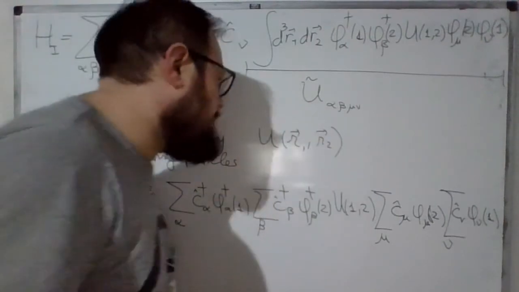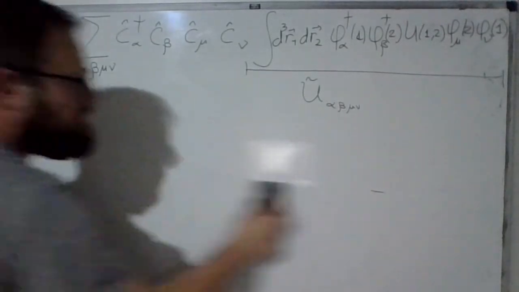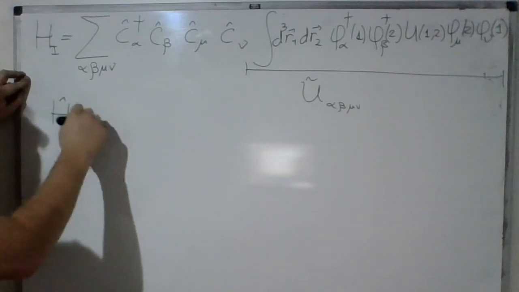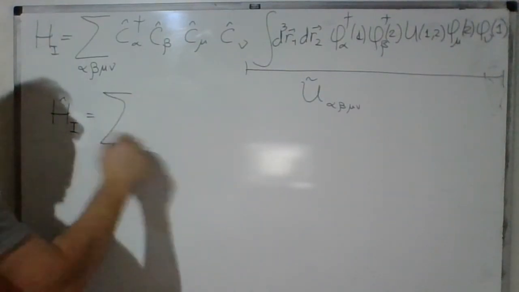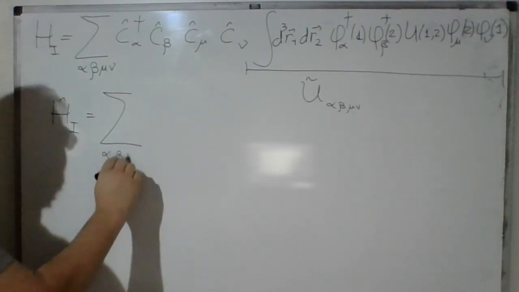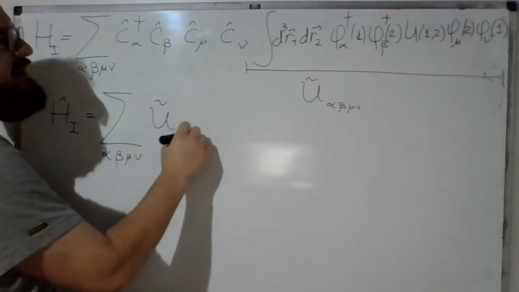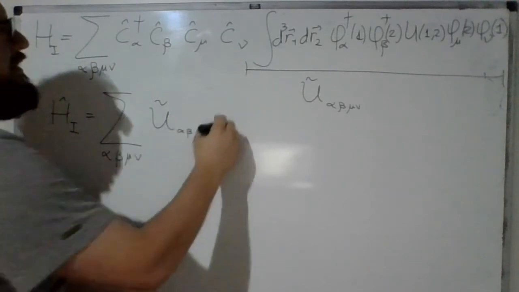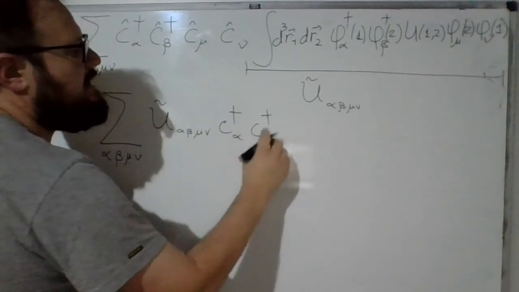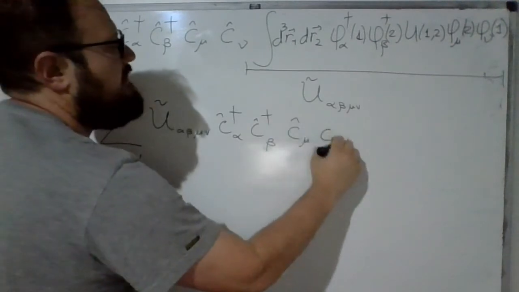This is just now a number because you integrate out these things. This produces a number, and the result for the Hamiltonian in the second quantized version is the following: an interacting Hamiltonian for two particles would look like the sum over alpha, beta, mu, and nu of some number here, depending on the states alpha, beta, mu, and nu, times C dagger alpha, C dagger beta, C mu, and C nu.